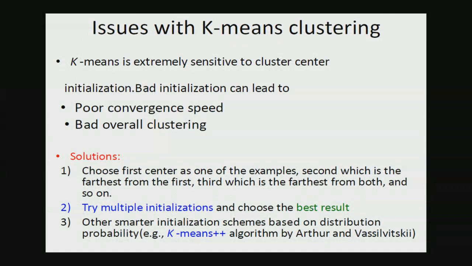Another way would be to actually try multiple initializations and choose the best result. And the third one is called the K-means++ algorithm. This focuses on a smarter initialization. It's basically based on a probability distribution over the similarity measures. If you're interested, you can read about it.